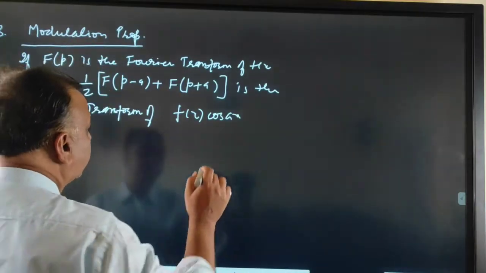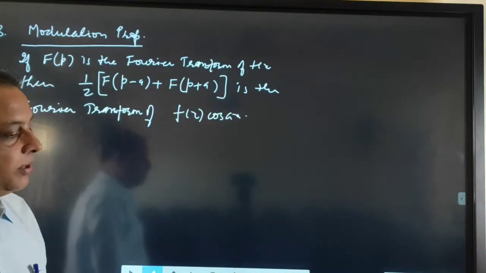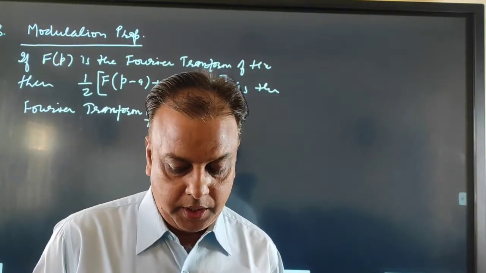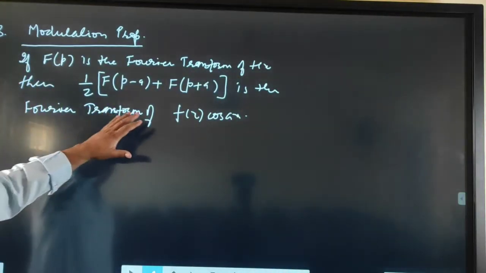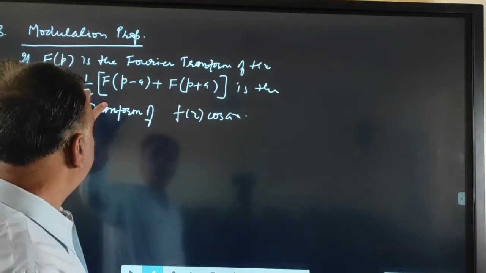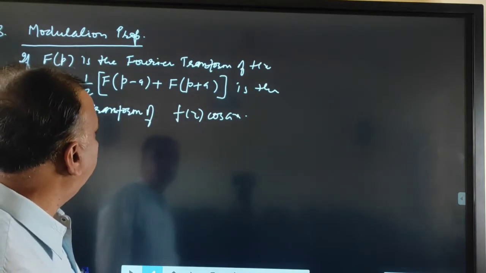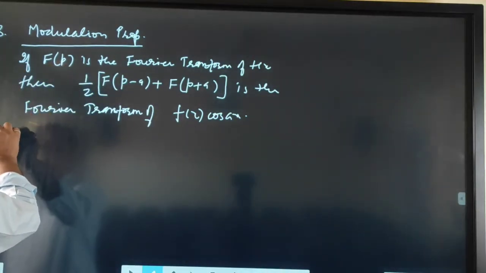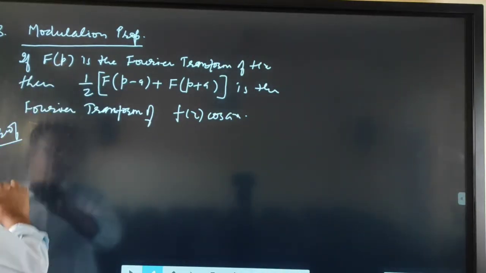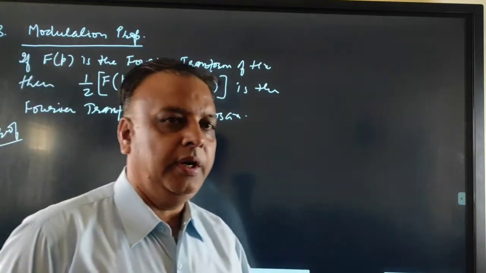If the Fourier transformation of a function f(x) is equal to F(p), then the Fourier transformation of the function f(x) cos ax is equal to 1 by 2 times F(p minus a) plus F(p plus a). The proof of this property is based upon the definition of the Fourier transformation.